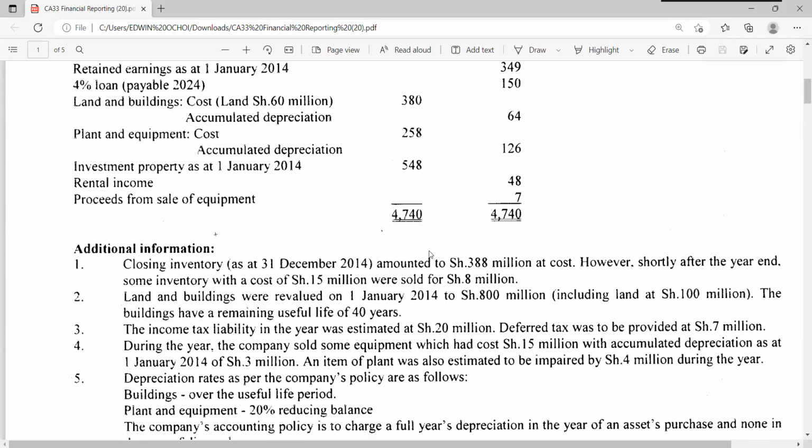However, shortly after the year end, some inventory which cost 15 was sold for 8. So you account for inventory using International Accounting Standard 2, IAS 2.